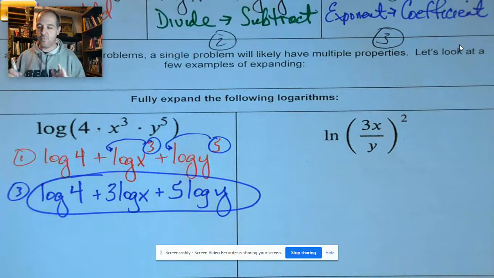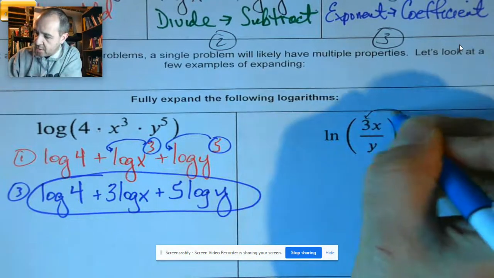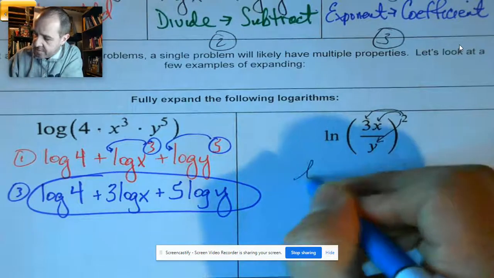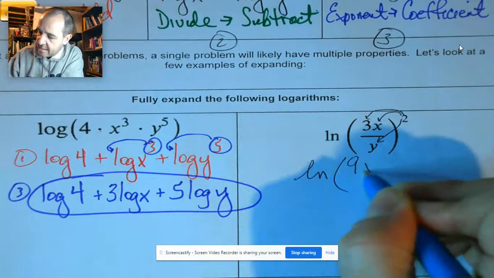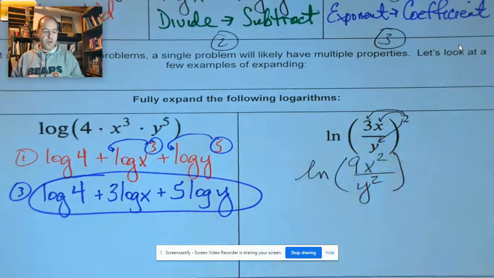This is the one time we're not going to do the exponent to coefficient at the later part. And we know how exponents work. This is going to apply to every single thing inside the parentheses. So we're going to rewrite it first. So 3 squared is 9x squared over y squared. We're just going to rewrite it first.